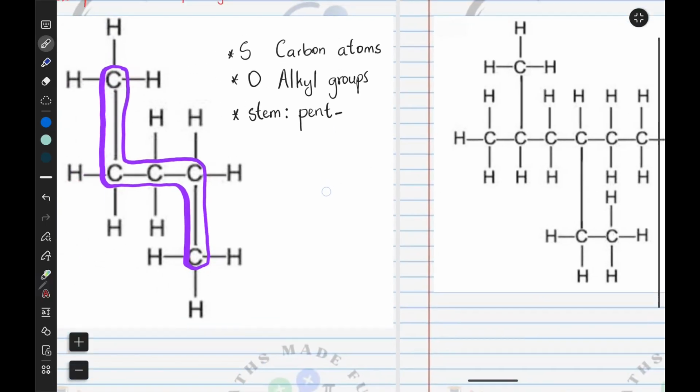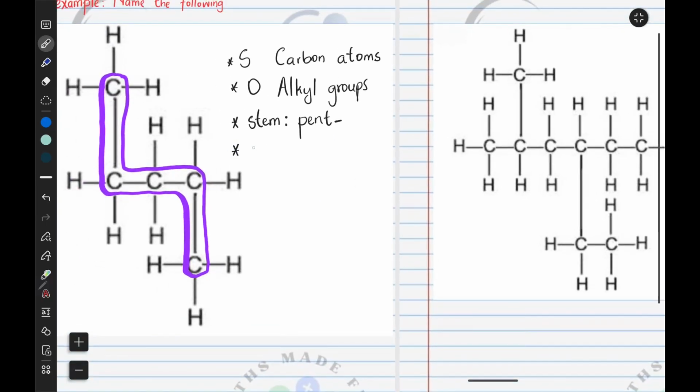And then our suffix, since this is an alkane, we can check as well the carbon to carbon bonds are single bonds, carbon to hydrogen bonds are single bonds as well. So everything here is a single bond. So it's an alkane, A and E. And we can even check the general formula. You find that it's actually CnH2n plus 2.